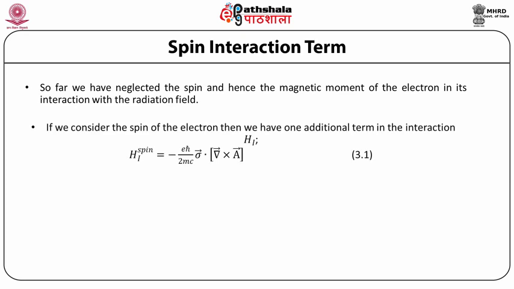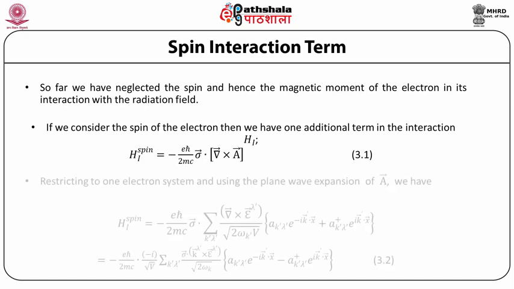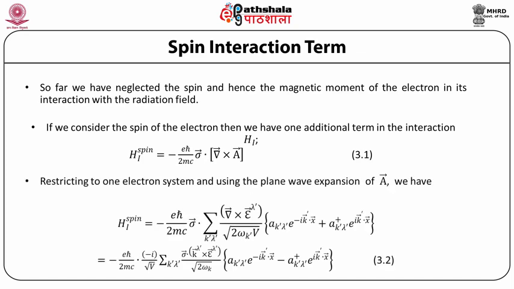If you consider the spin of the electron, then we have one additional term in the interaction, H_i, which can be written as H_i spin equal to minus eħ by 2mc sigma vector dot curl A. Restricting to a one electron system and using the plane wave expansion of the A vector, we have the following expression. Before I go to that, let me briefly explain this equation 3.1.